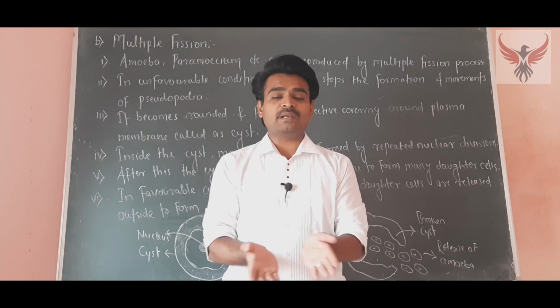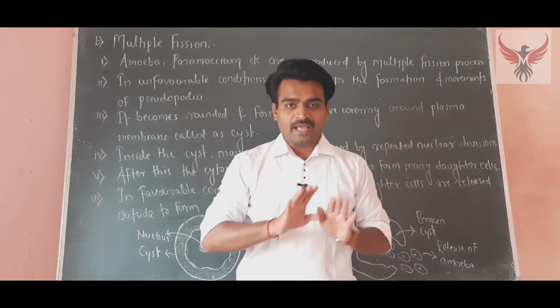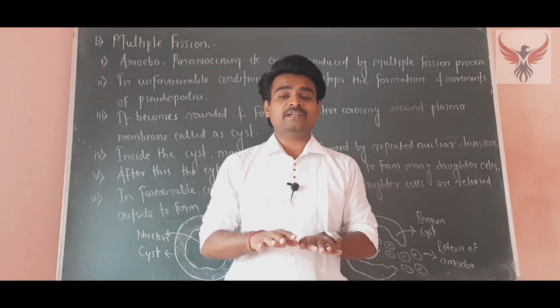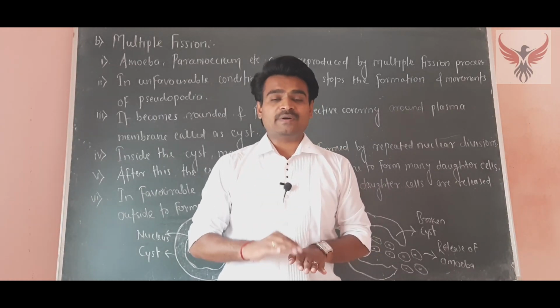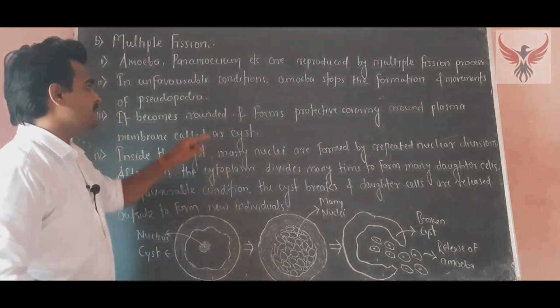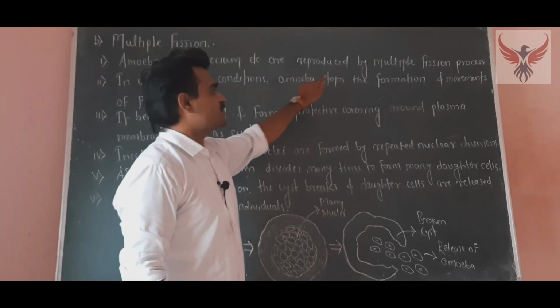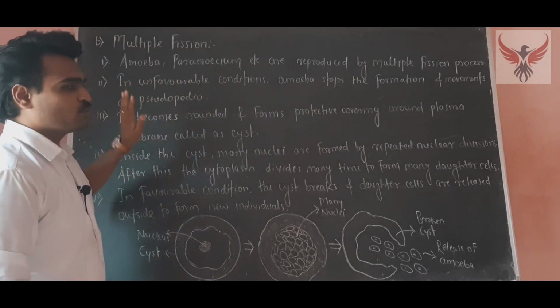When favorable conditions are available, amoeba shows binary fission, and when unfavorable conditions are available, amoeba shows multiple fission. The second point: in unfavorable conditions, amoeba stops the formation and movement of pseudopodia.